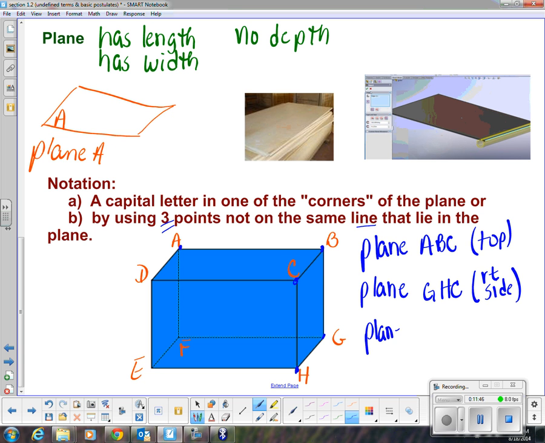So I could refer to plane D, E, H, and here is D, here is E. Notice they are not on the same line, H, so that is definitely referring to the front of that box. So we can do a capital letter in one of the corners of a plane, or we can use 3 letters in order to do that.